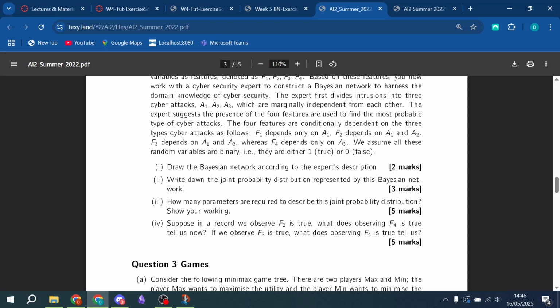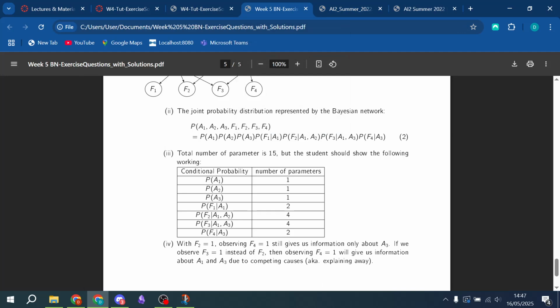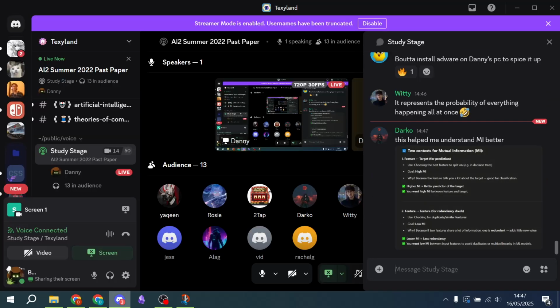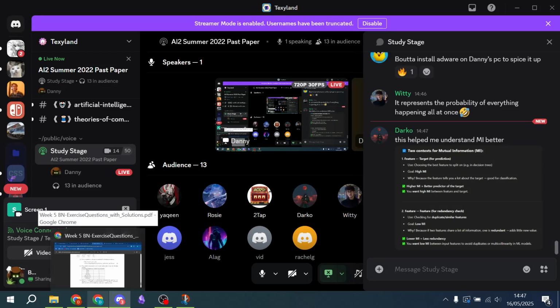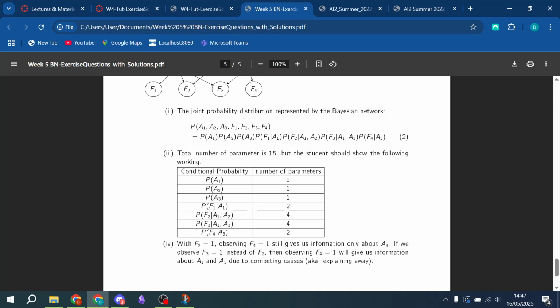How many parameters are required to describe this distribution? I wasn't entirely sure what to do for this question. I don't really get what it means when it says number of parameters, so please do post your answers, or what you think of it, if you think you know better than me, because you probably do. What does it mean by the number of parameters in the problem?